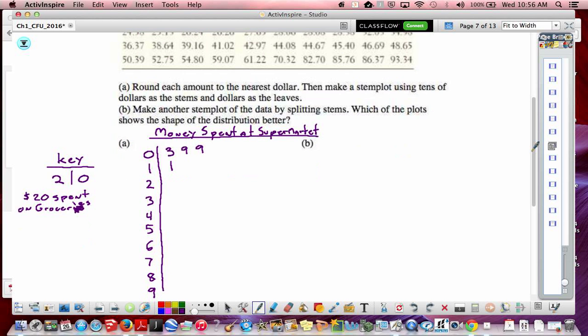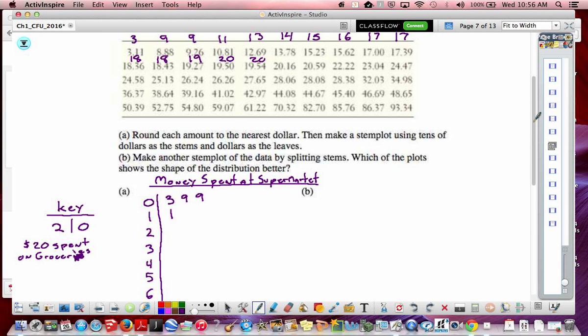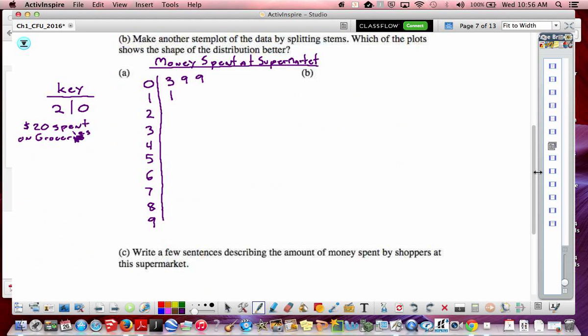So now I've got to do that for all of them. I'm not going to list them all. You can probably do all the rounding, but hopefully your graph will match mine. So it goes 1, 3, 4, and I had a 5, a 6, a 7, 7, 8, 8, 9. The 20s have a lot.